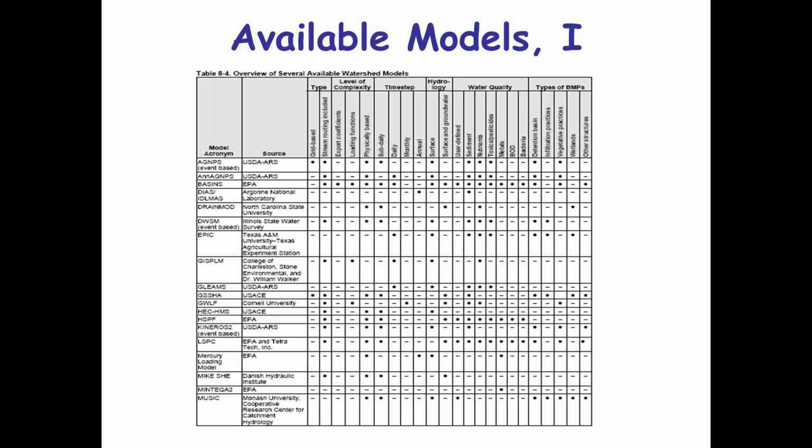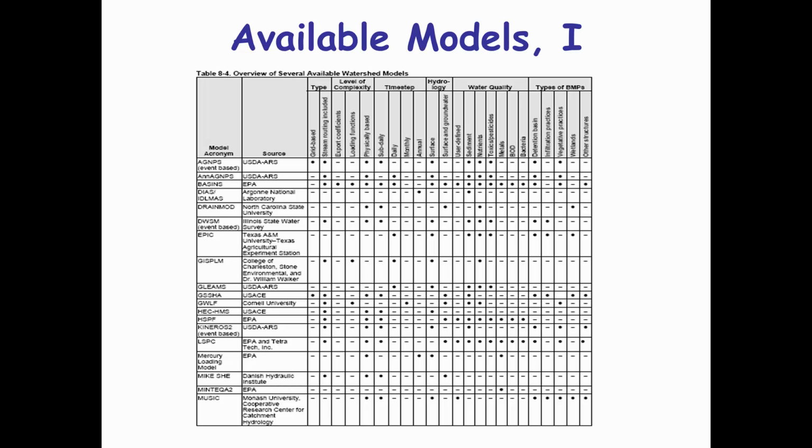The hydrology, does it only simulate surface hydrology or subsurface hydrology? The water quality parameters that the model will actually simulate, and then the types of best management practices that are allowed or accounted for in the model.